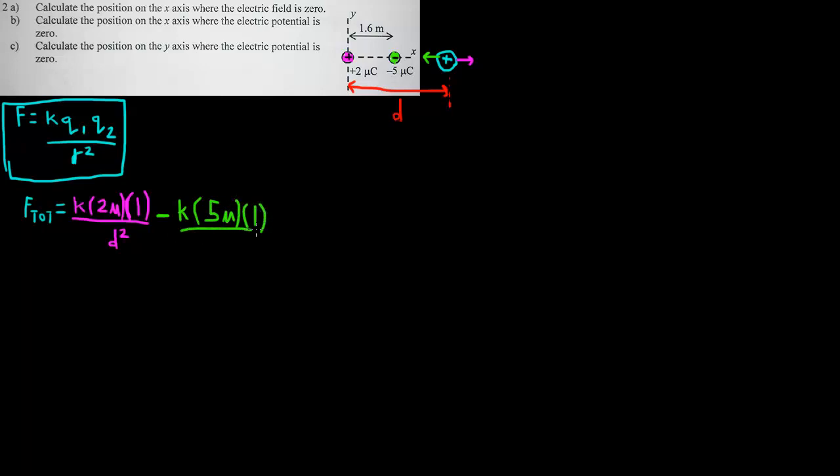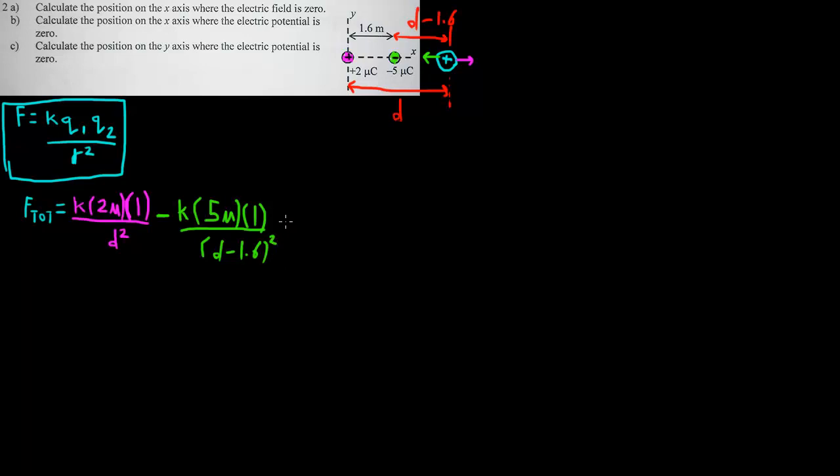This is all over, and again, if this distance here is d, then the distance between these two charges is going to be d minus 1.6. So this is going to be all over d minus 1.6 squared.